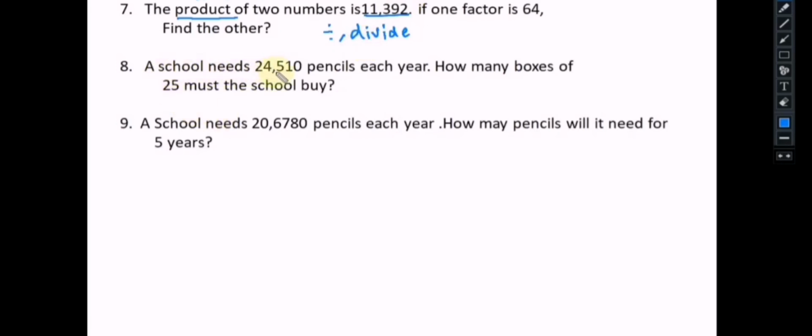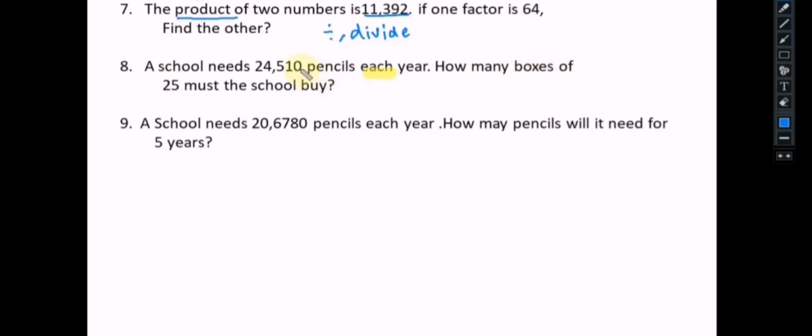Next, a school needs 24,510 pencils each year. So each indicates it is either a multiplication or division word problem. How many boxes of 25 must the school buy? So here the total number of pencils is given and you want to calculate the boxes.